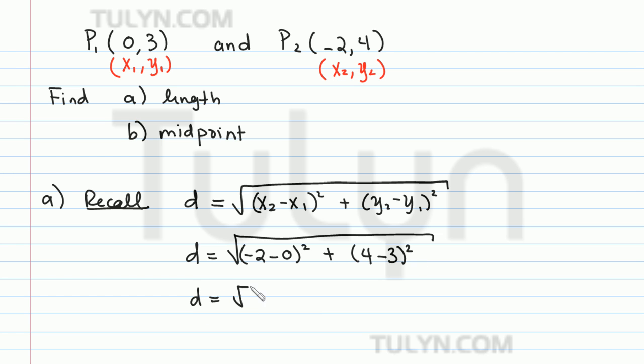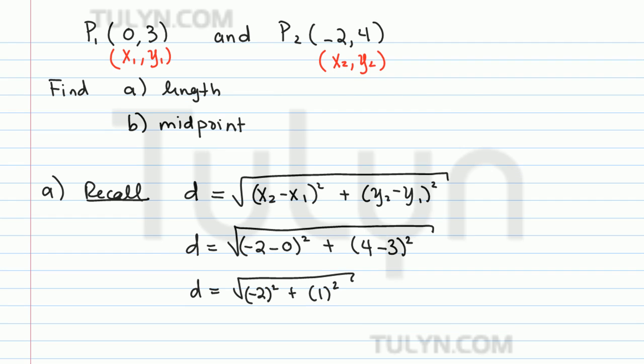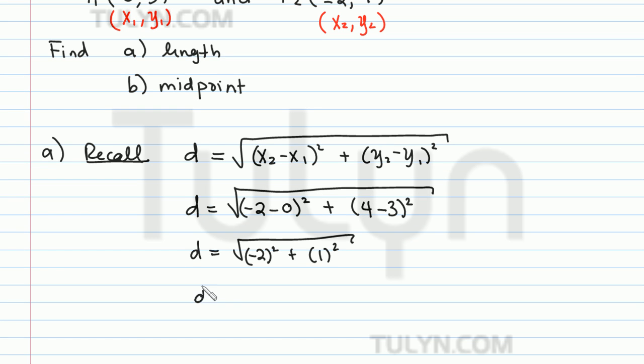So the distance is the square root of (-2) squared plus (4 minus 3, which is 1) squared. And simplifying further, D is the square root of (-2) squared, which is -2 times -2, which is positive 4, plus 1 squared, which is just 1. So the distance is equal to the square root of 5, or the length of the line is equal to the square root of 5.